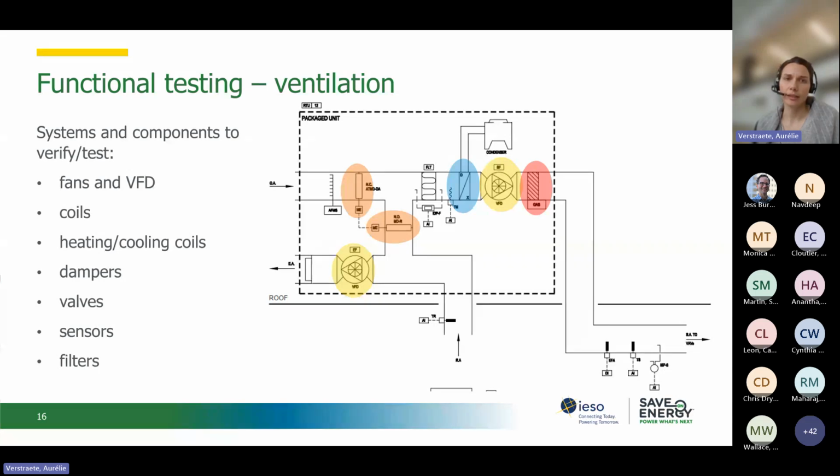On that type of system, the functional test would validate that all valves and dampers, for example, actually open and close without restriction and perform as expected per the sequence of operation. What you need to verify or test here could be fans and VFD, heating coils and cooling coils, dampers, valve sensors, and maybe filters.